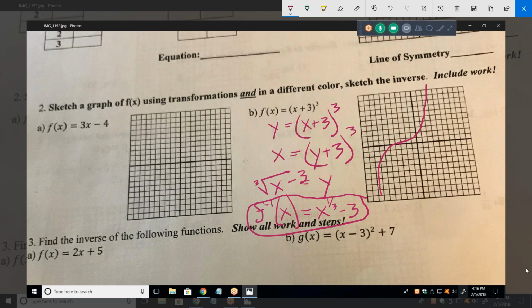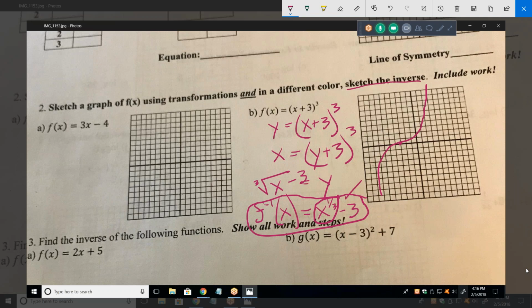Okay. Now, this one is a little more difficult to graph. Notice that it is the graph of the cube root of x all shifted down by 3.